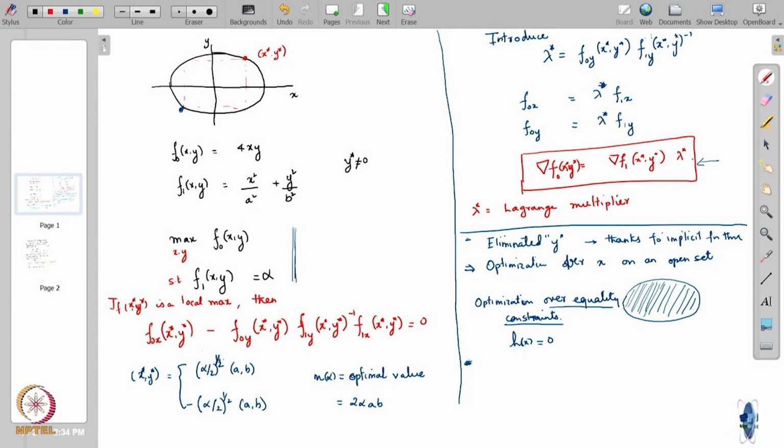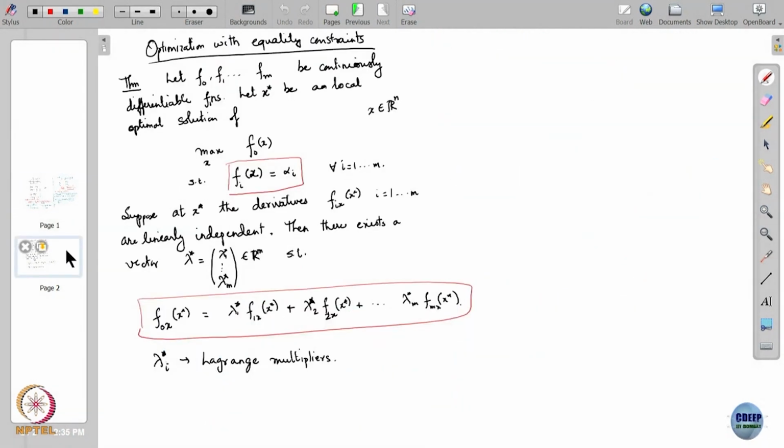What y star non-zero ensured was that f1y evaluated at x star, y star is not 0. The analogous thing that we need here in this more general setup is that the constraint derivatives all put together are linearly independent.